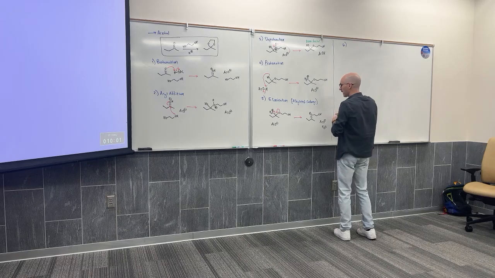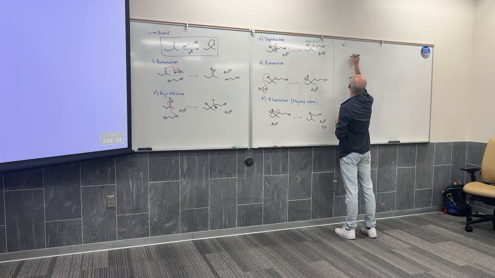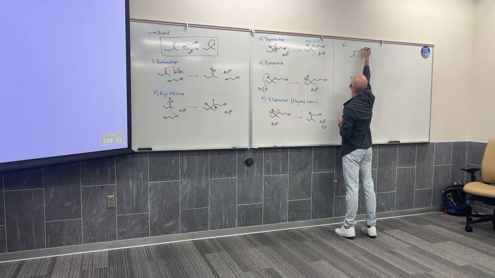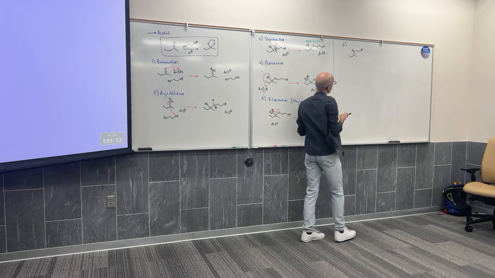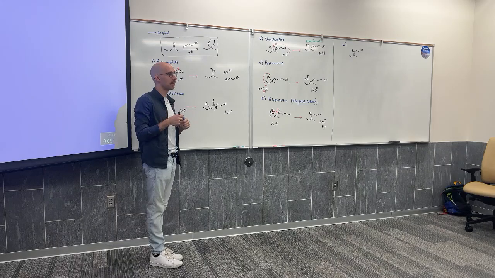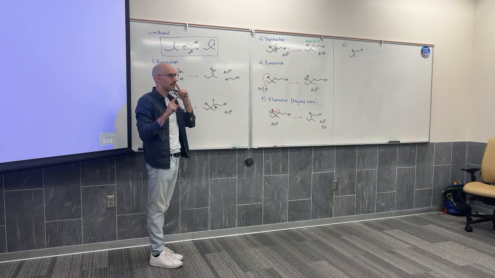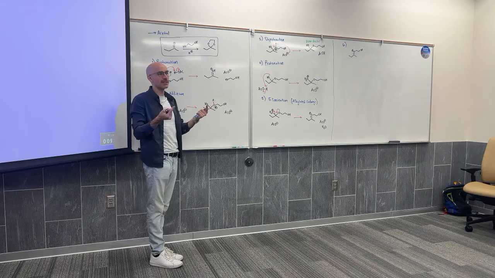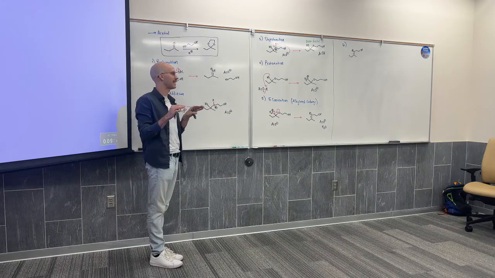All right, now that we have this alkylated ether, I want to draw you guys back because I'm giving you a mechanism with a diol, but the mechanism with two equivalences of alcohol is exactly the same.